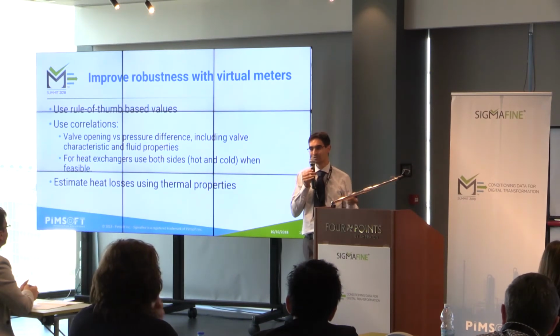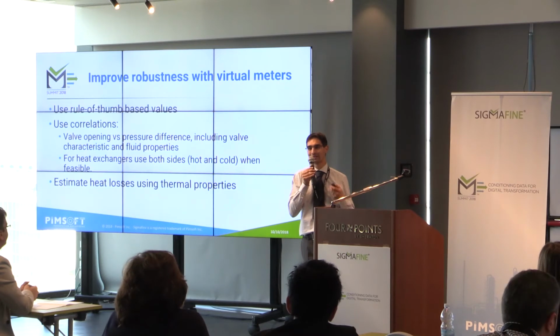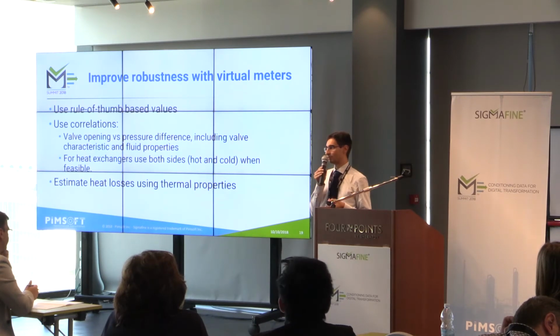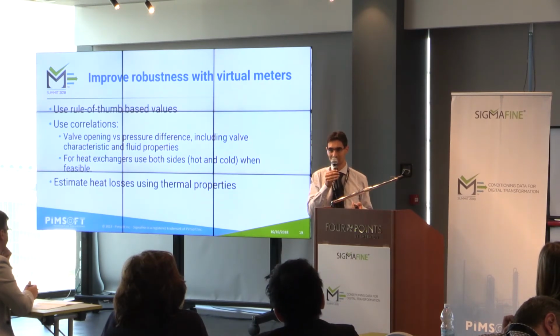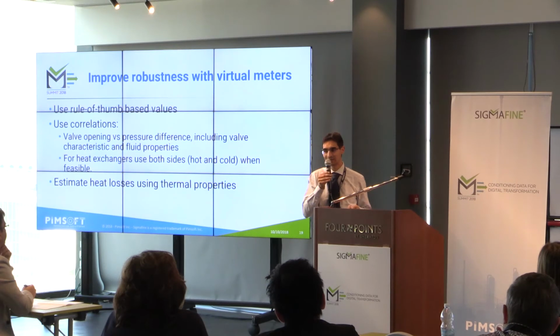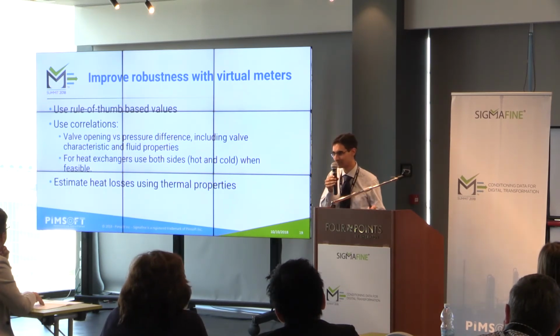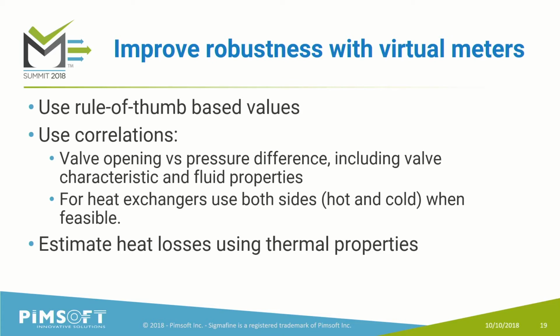If you have already finished your physical meters, you still can add information based on your process knowledge, so create virtual meters to supply information for unmeasured flows. You could put some numbers just based on an engineering rule of thumb. It's the most basic way.